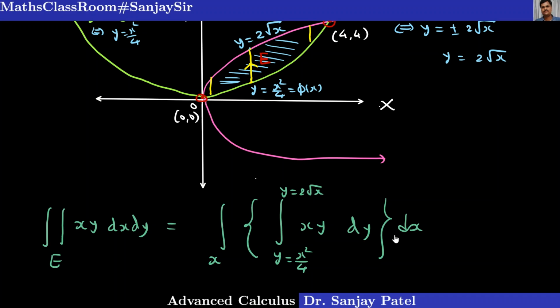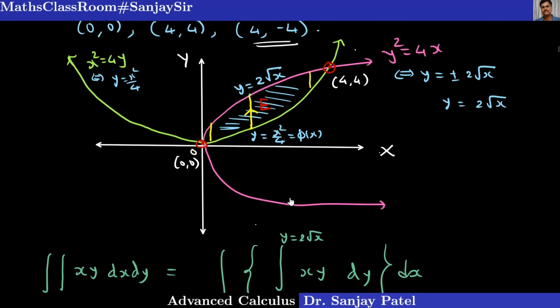When we integrate with respect to x, the limits of x here will be constants. Now what are these constants? That we have to check in this manner, as I have explained in the earlier problems.